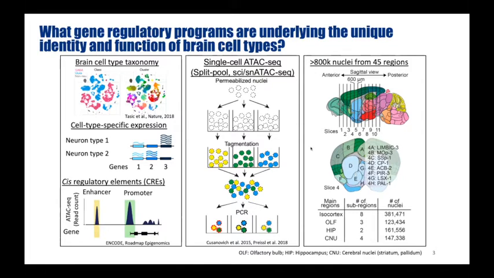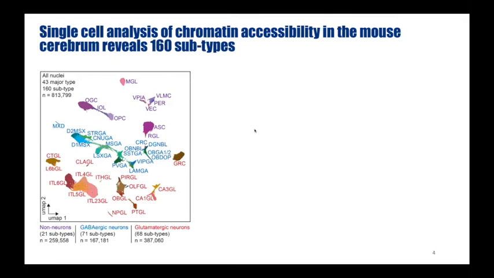I think right now we are working on mapping the other half of the brain. We're also hoping to release this data soon and update it in our web portal so that you can explore it. In summary, I will go through several major findings and also how you can use our data to ask or answer your own questions.